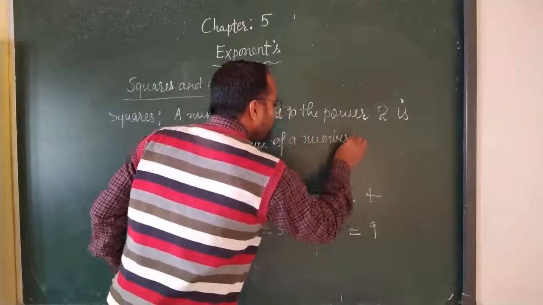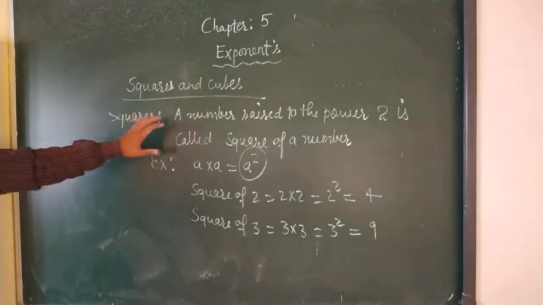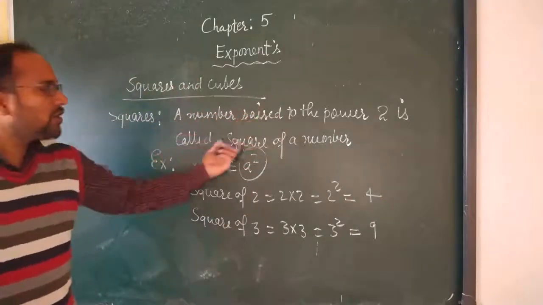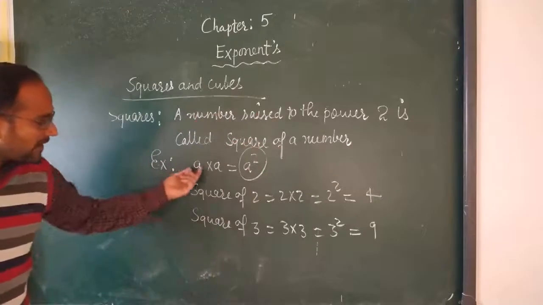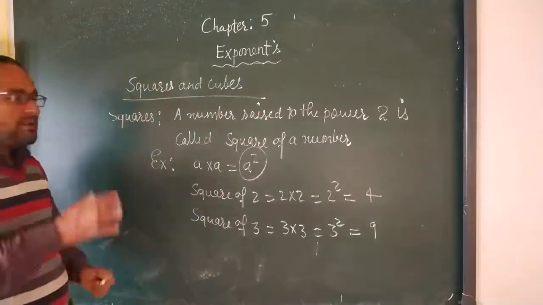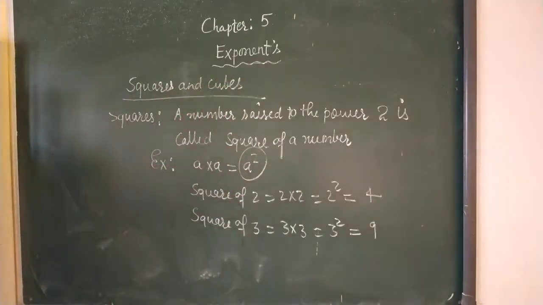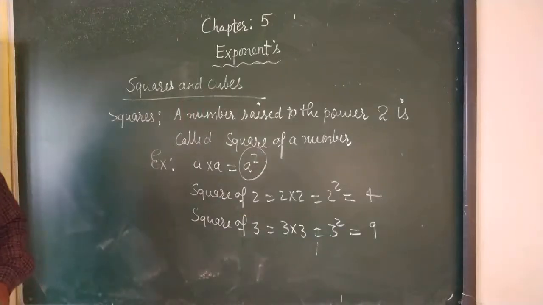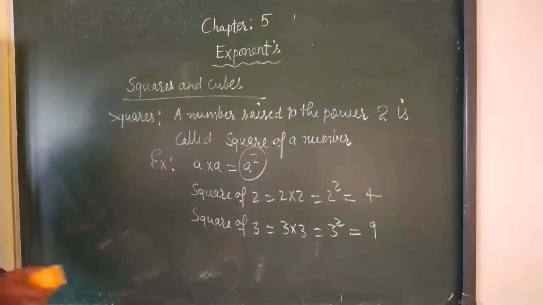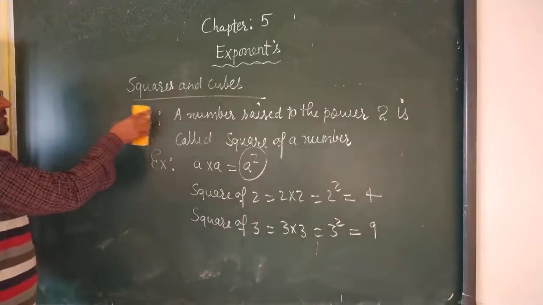Same as it is cube. See this one, squares. A number raised to the power 2 is called the square of a number. And same as it is, a number raised to the power 3 is known as a cube of a number.